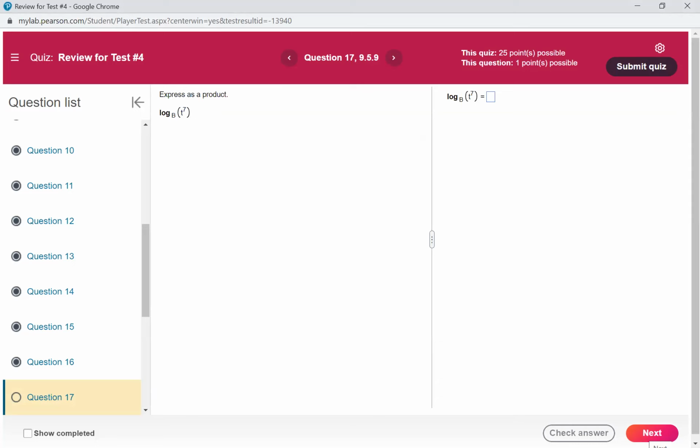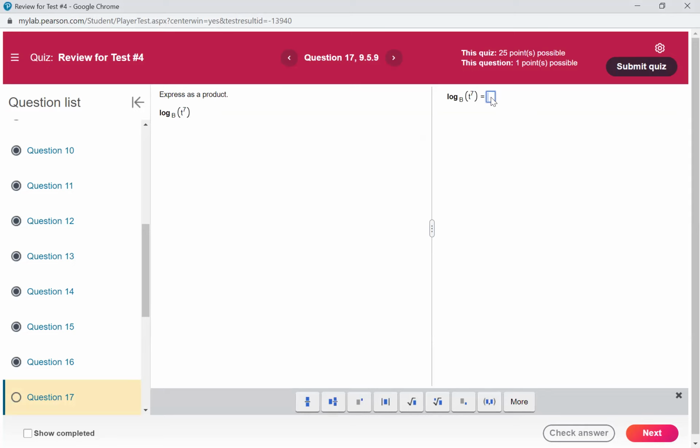So whatever your exponent is, you're going to come up here and write the exponent first. So for me, mine was an exponent of 7. So I'm going to write my 7 and then my log. Come down here and hit my subscript for my base of a B. Ooh, that looks like a capital B. So I'm going to make that a capital B. Arrow right and put in my little t.